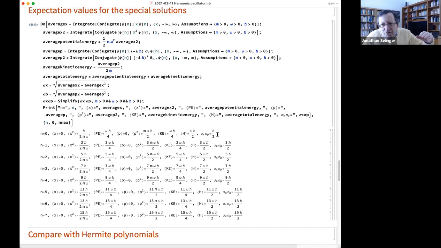The bottom state is right at the limit for the uncertainty principle. The higher states have bigger products of uncertainties, so they are consistent with the uncertainty principle, but they're not at the limit. They're well above the limit.